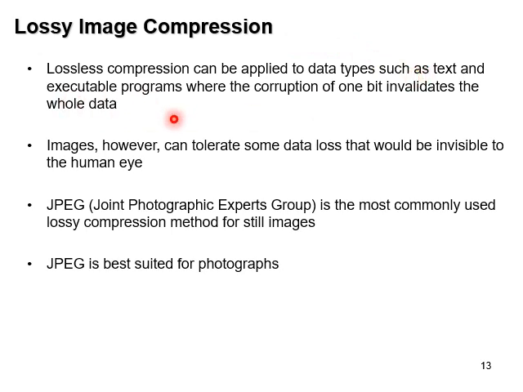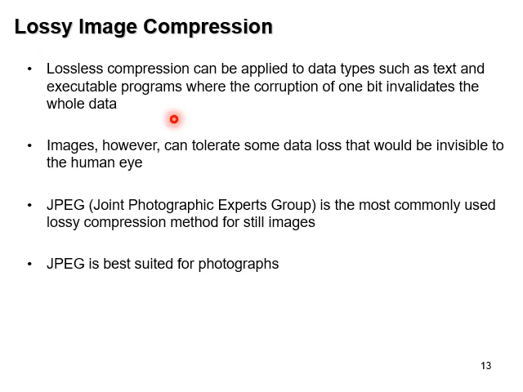Why? Because lossy compression, as we said, will make a little change in the content. So imagine that you are saving the character A and compressing it, and then when you decompress it, you get B, for example. This doesn't make sense. Same thing for executable programs: changing one bit will corrupt the whole program. So lossy compression algorithms cannot be used with text or executable programs.